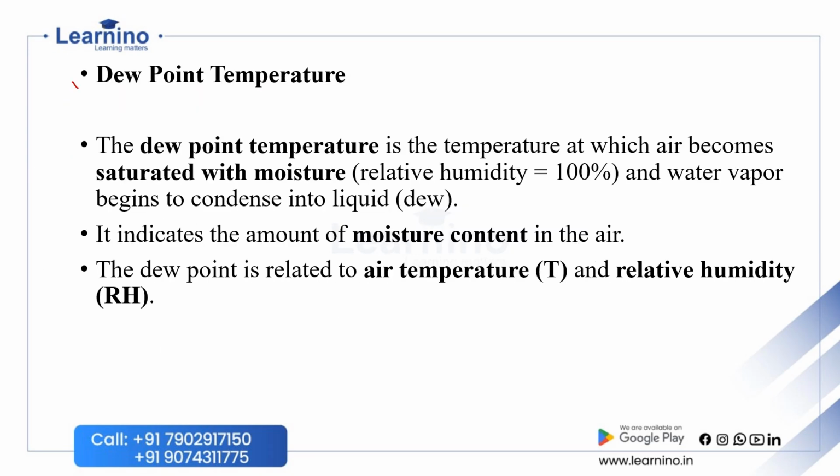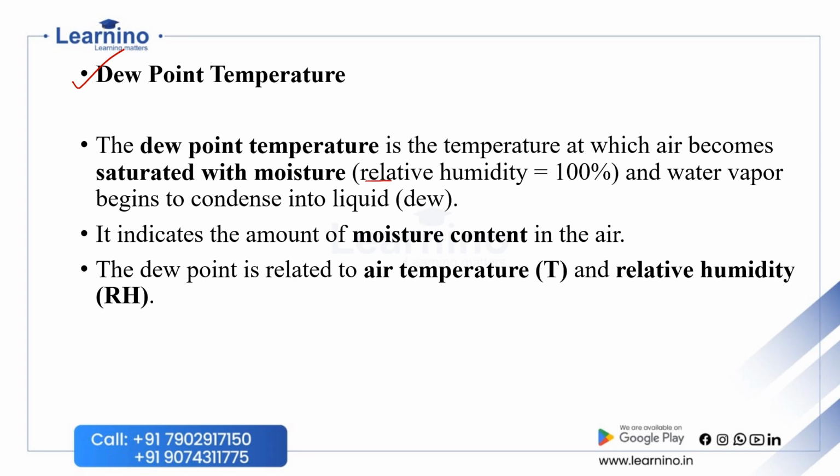Our next term is dew point temperature. It is the temperature at which the condensation of moisture begins when the air is cooled at constant pressure. Or it is the temperature at which air becomes saturated with moisture.